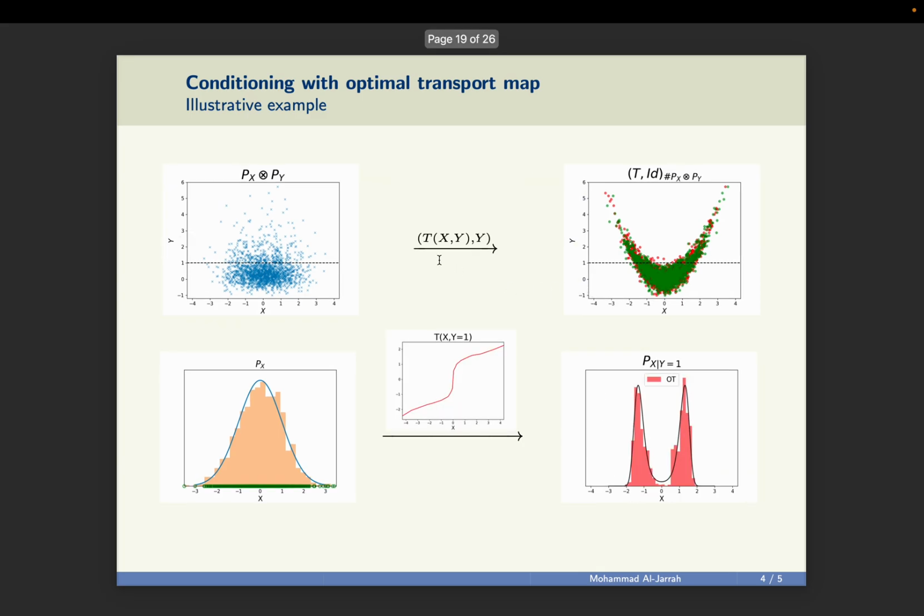Now we use this map T with the fixed observation y, which for this example is equal to 1, and we use the particles from the prior distribution p_x to move them to the posterior distribution p(x given y equal 1).